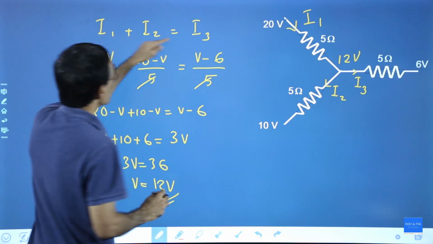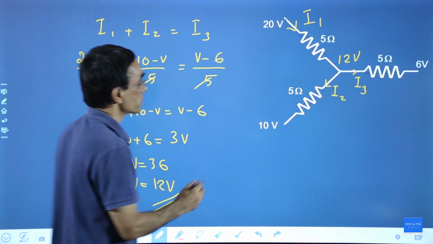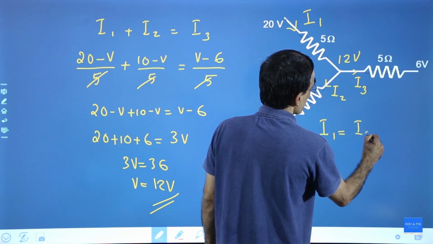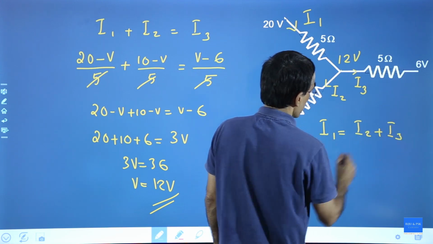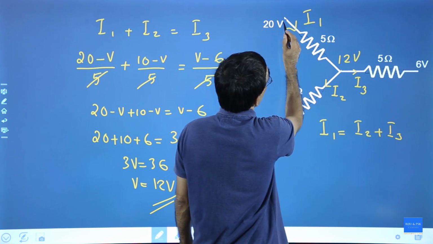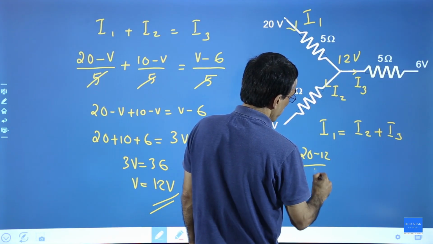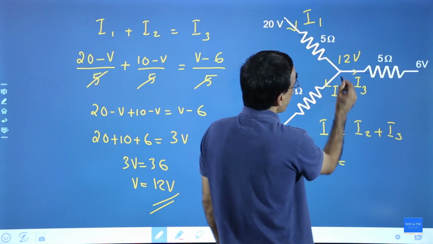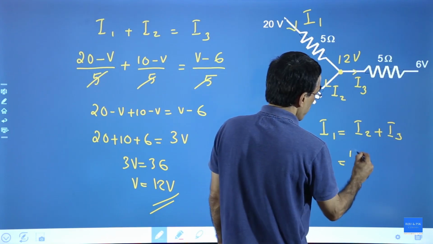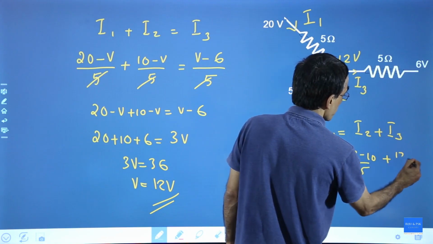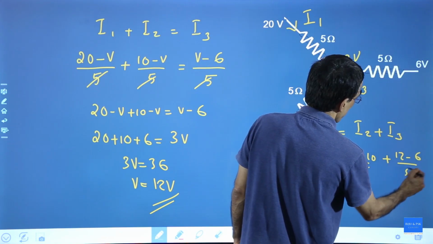So this assumption is not correct. In reality, I1 is equal to I2 plus I3, and then you can check. I1 is (20 minus 12) by 5, I2 should be taken as (12 minus 10) by 5, and I3 should be equal to (12 minus 6) divided by 5.